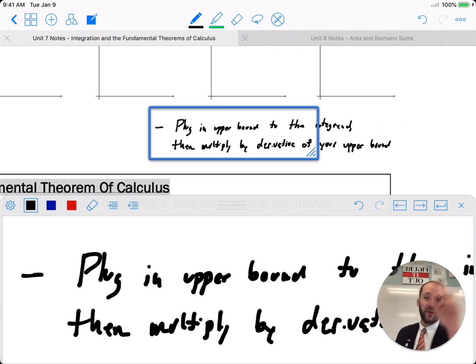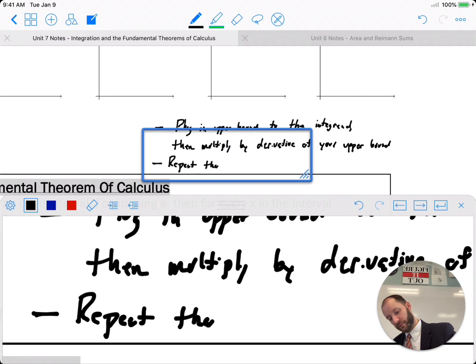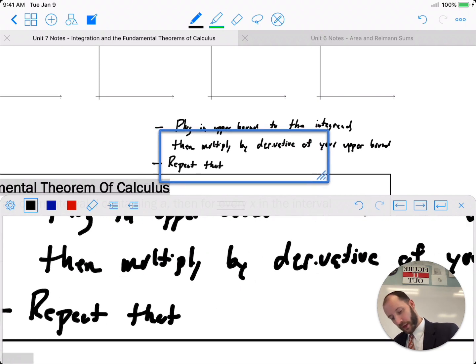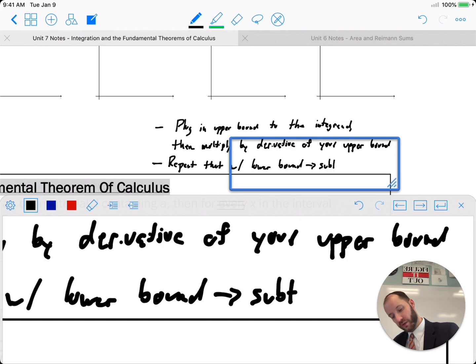So do that, plug in your upper bound to the integrand, then multiply by the derivative of your bound, and then repeat that with your lower bound. And then, of course, this is still the fundamental theorem of calculus. Then you subtract the two.